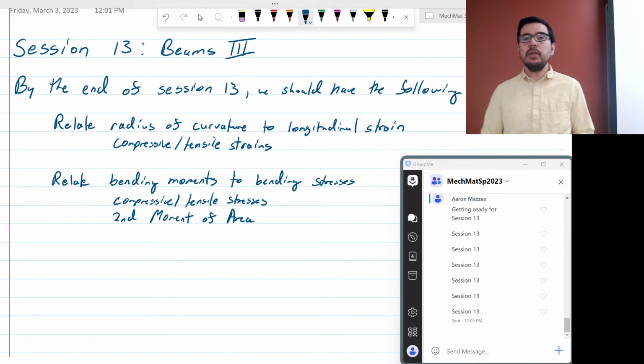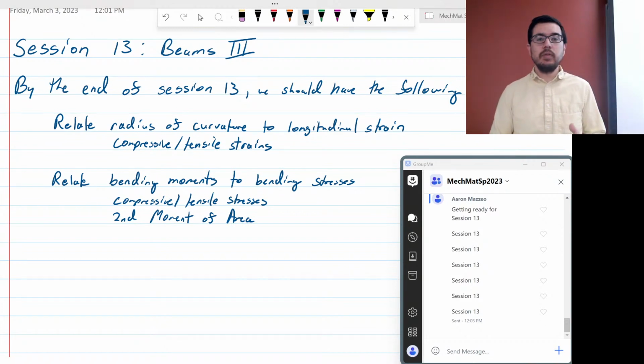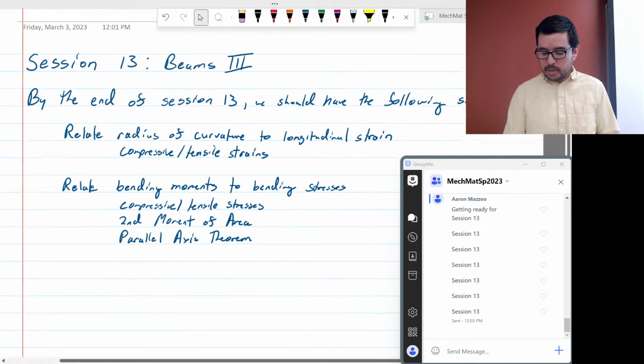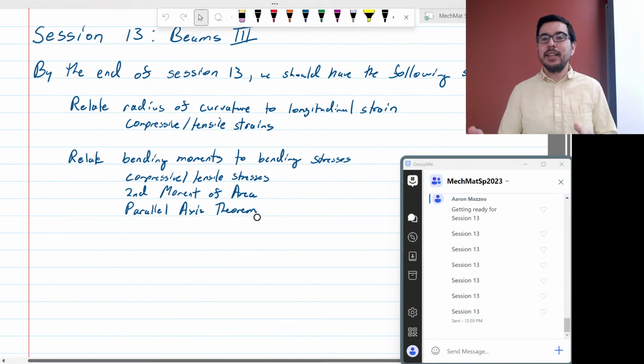It's a little bit confusing at first, but once we get the hang of it and understand the parallel axis theorem, it becomes a little bit of fun.